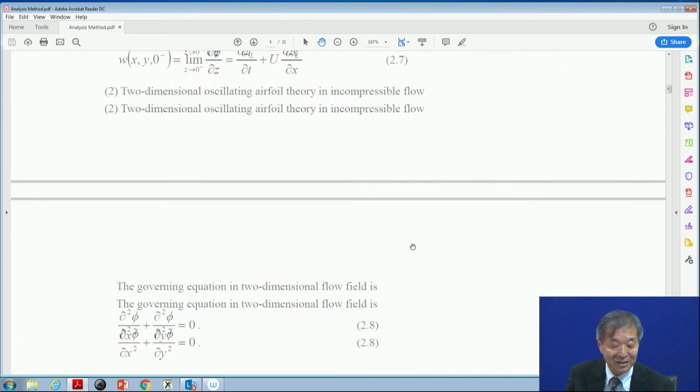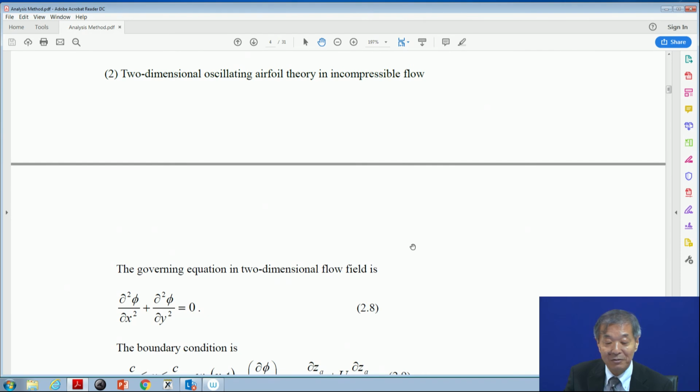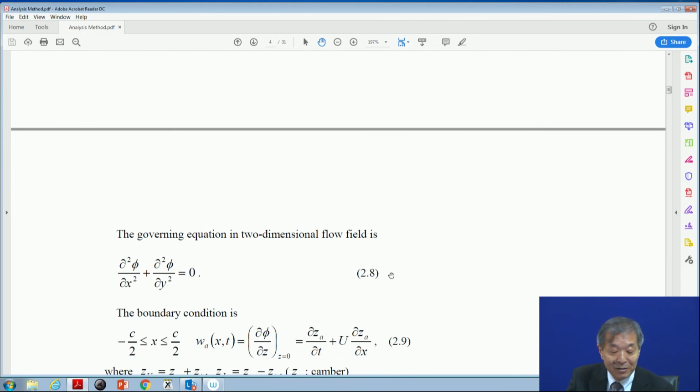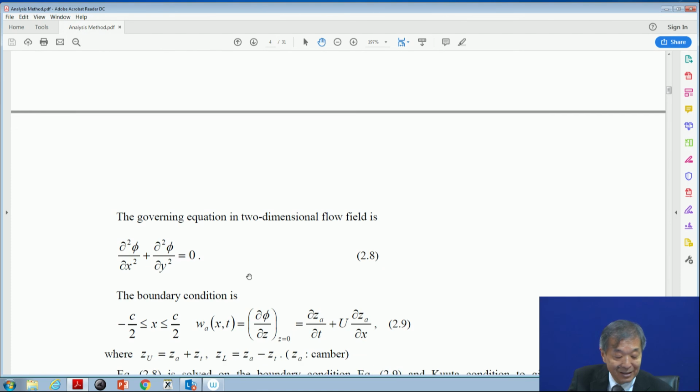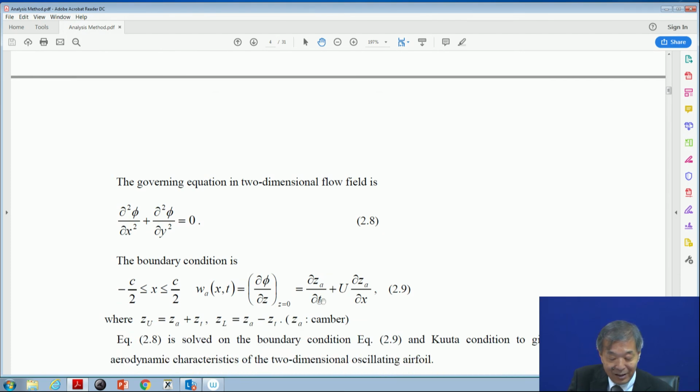So we proceed to the two-dimensional oscillating airfoil theory in incompressible flow. The governing equation in the two-dimensional flow field is 2.8, so we have only x and y. And the boundary condition is here. Since we have a thin airfoil, we don't use z_U and z_L, but z_A is enough for us.